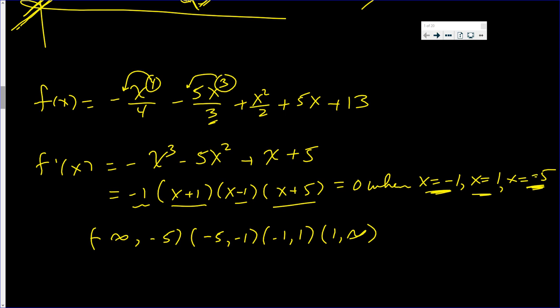The only numbers that are not included are negative 5, negative 1, and 1. Every other number from negative infinity all the way to positive infinity is included. Every one of them. Okay, so now let us look at the sign of the first derivative.